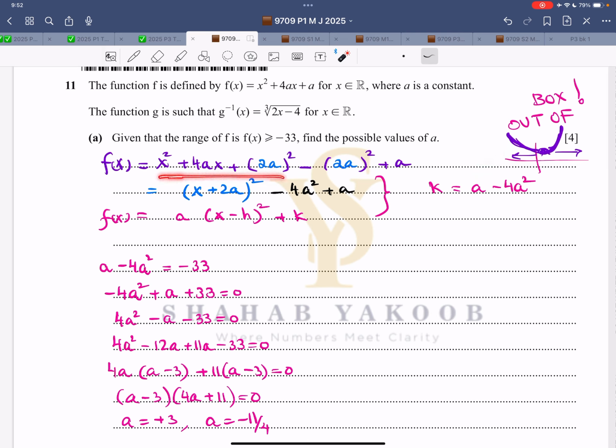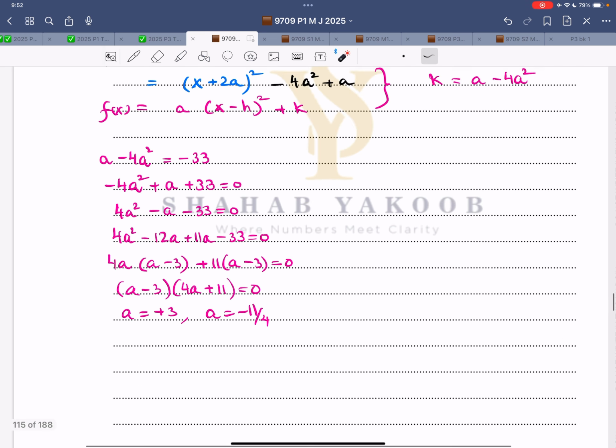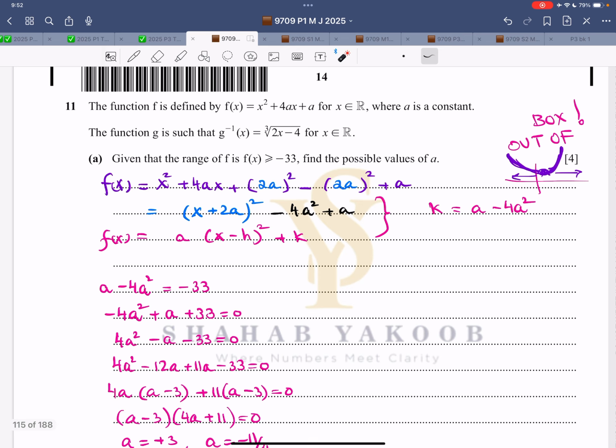That is the completed square form. This is the y coordinate of the turning point. No inequalities were harmed in this solution. All you do is take this, equate it to this, solve, and you get 2 values of a. That's it. But the thinking was out of the box.